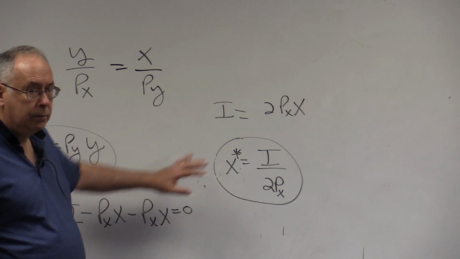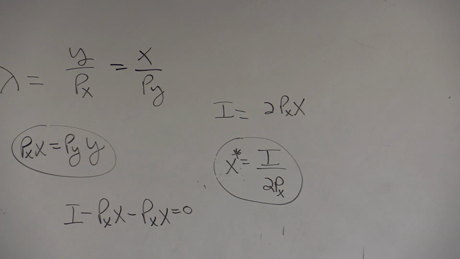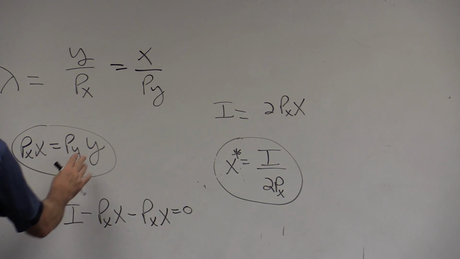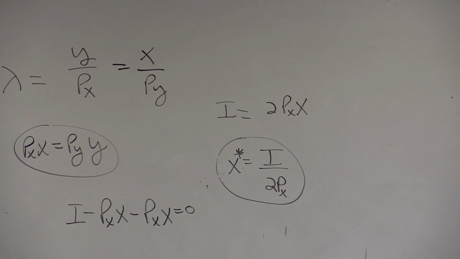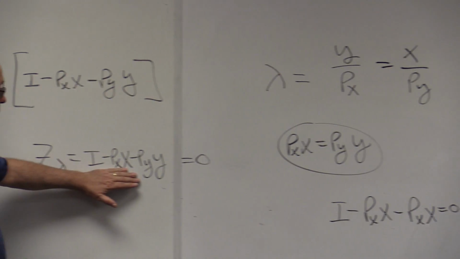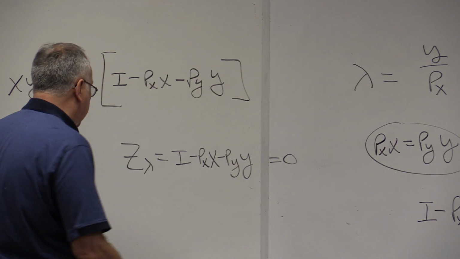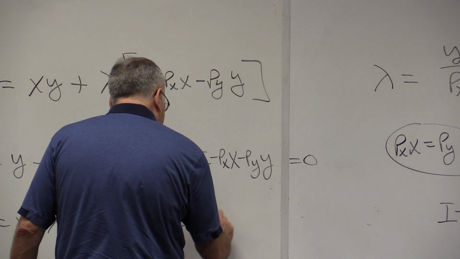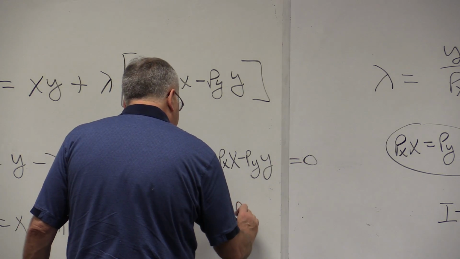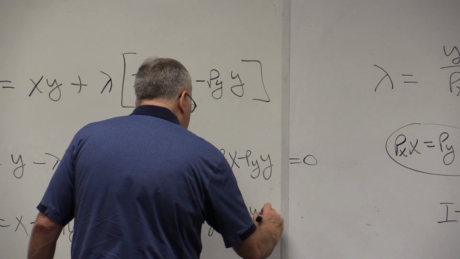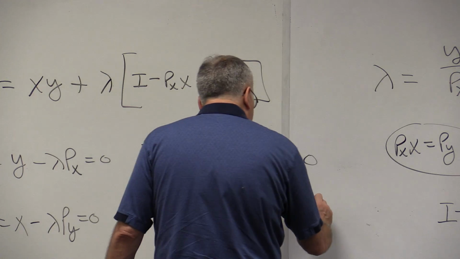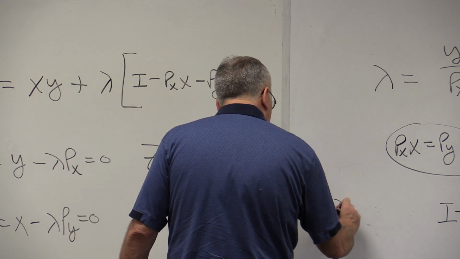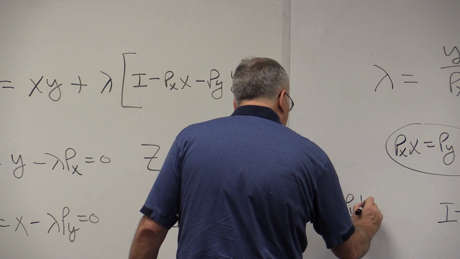y. Okay. If we wanted to solve for y star, we use the same relationship, but we just solve for pxx here. We substitute in pyy here for pxx. So you'd get I minus pyy minus pyy equals 0, or I equals 2 times pyy.